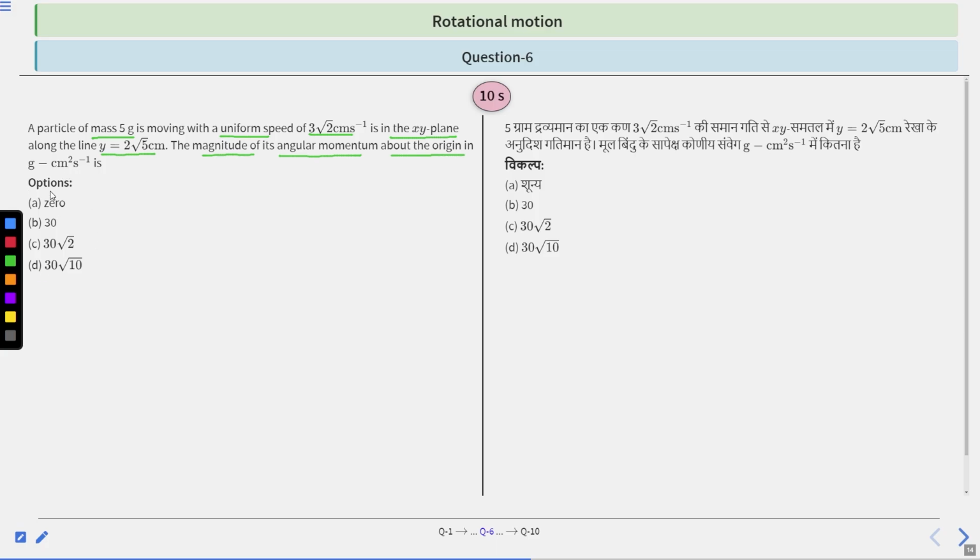Given options: option A is 0, option B is 30, option C is 30√2, and option D is 30√10. Which option is correct? You have 10 seconds to solve this question. After 10 seconds, we will provide the solution.